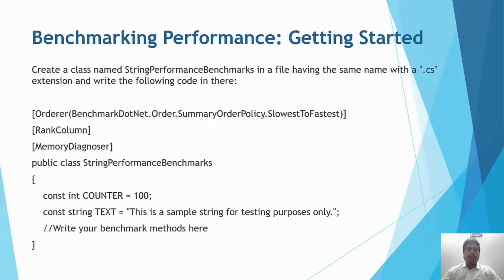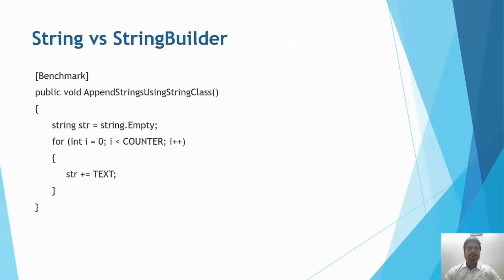And here in the class, you have two constants. One is an integer constant with a value of 100, which we will use for iteration. The other is a constant string variable called text, which we will use for extracting strings, adding strings, and so on.